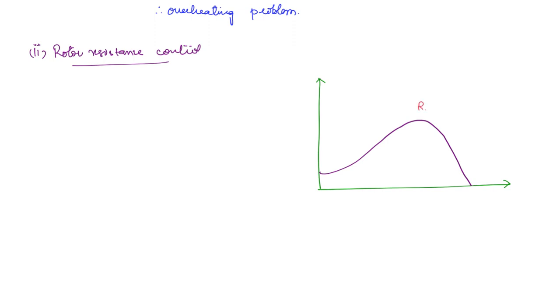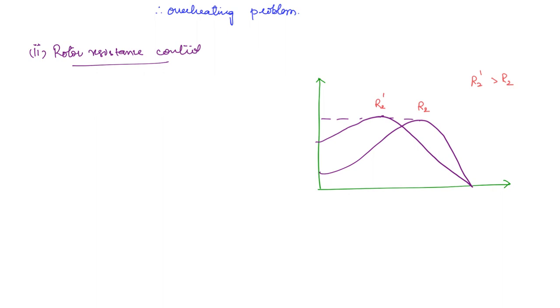This is say for a particular resistance R2. Now if you are increasing the rotor resistance, then what is going to happen? The peak is going to shift like this. This is for R2 dash, let us say, where R2 dash is greater than R2.